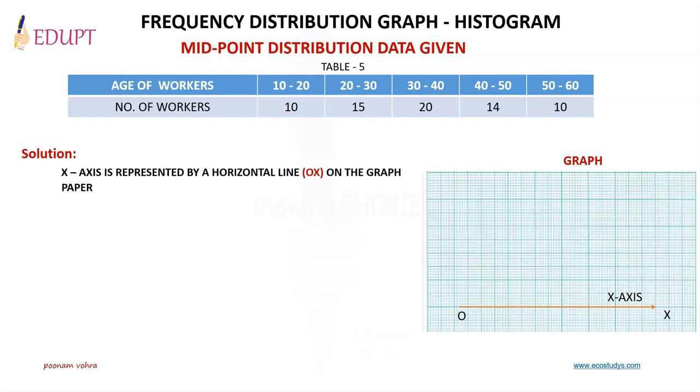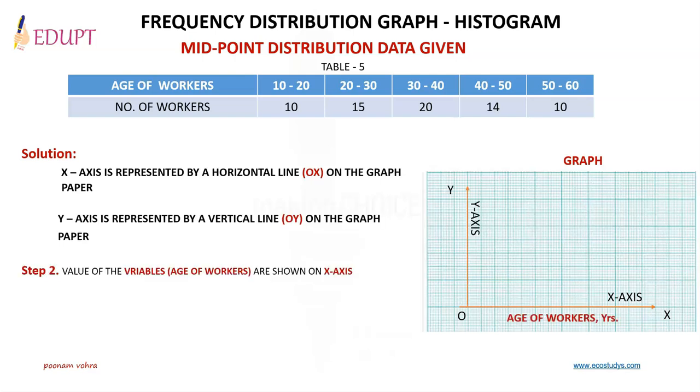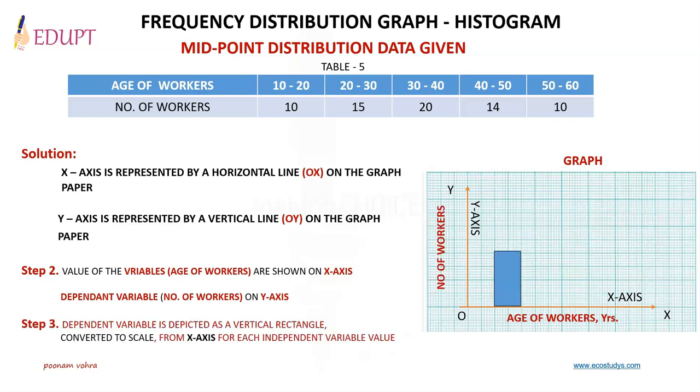Next step is that x-axis as a horizontal line and y-axis as vertical line are plotted. Value of the variables, age of workers, are on x-axis, dependent variable number of workers on y-axis. And dependent variable is depicted as a vertical rectangle converted to scale from x-axis for each independent variable value.